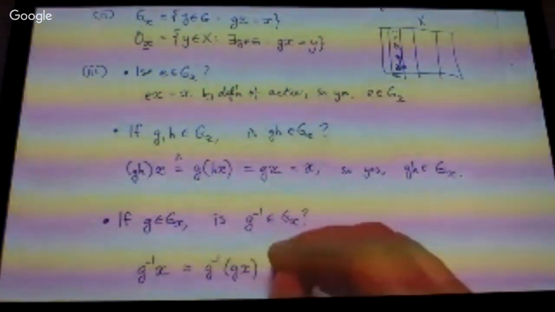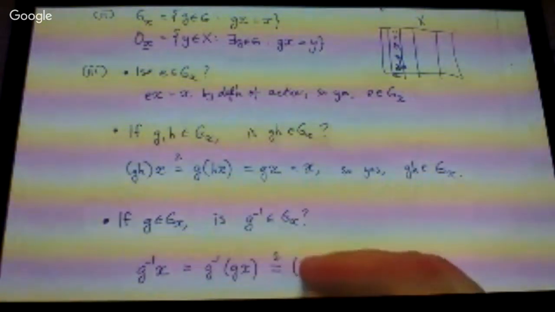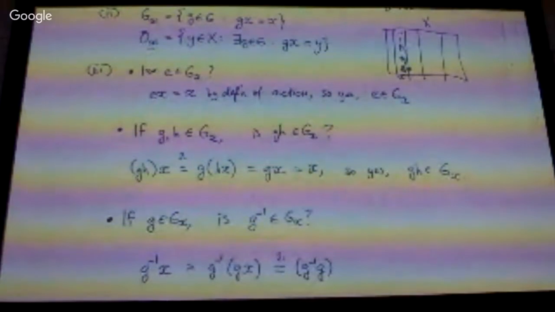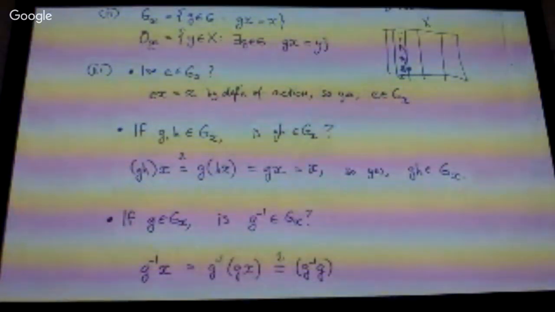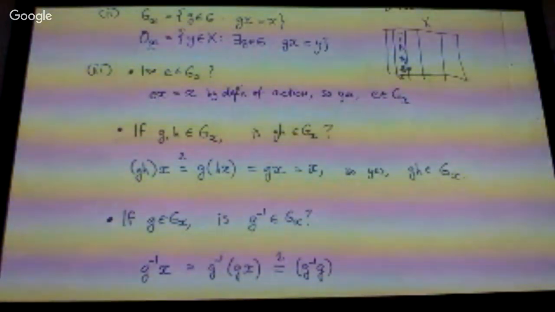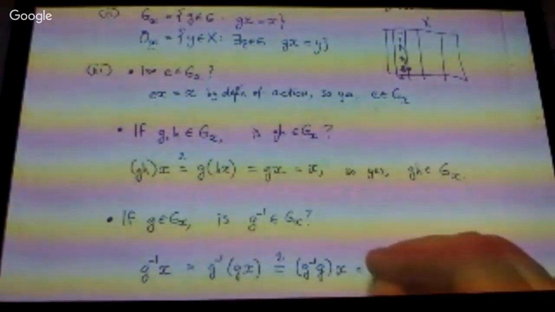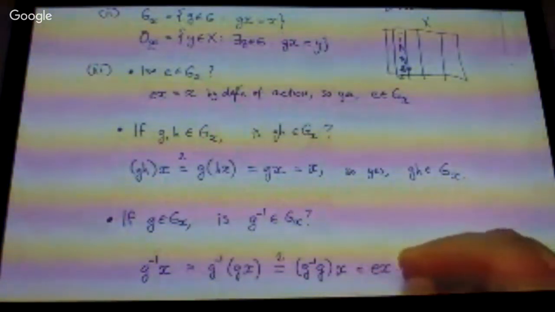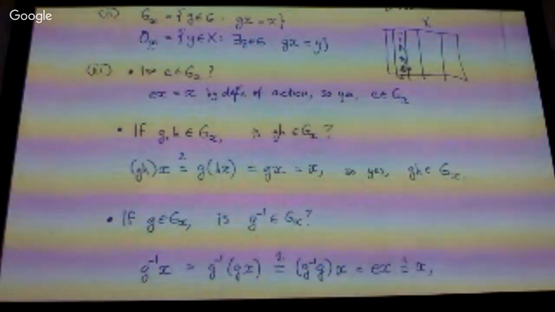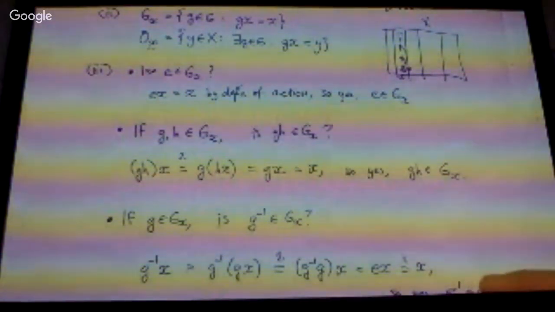Now using the second condition of the definition, which kind of looks like associativity, but it's not really associativity because the G's and the X are not from the same set, we get this, and G inverse G is the identity, and now using the first condition of what an action is, we get X. So yes, G inverse is also in the stabilizer.